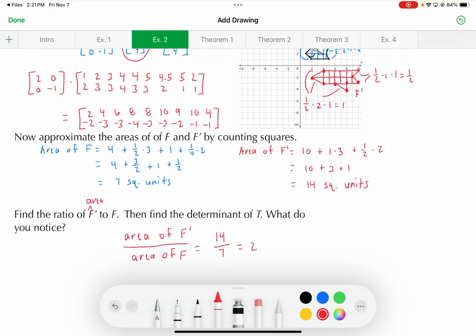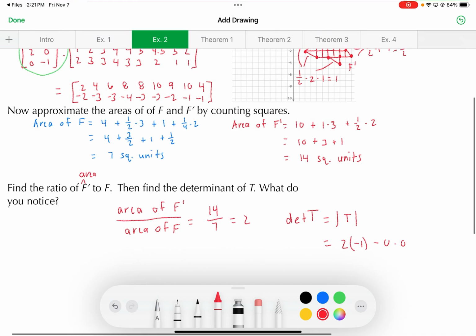Okay, now it says to find the determinant of T. Well, what is T? That was our transformation matrix up here, this guy. All right, so the determinant of T, you can represent it like that, or often you'll see it written with absolute value around T. That would be 2 times negative 1 minus 0 times 0, which would be negative 2.